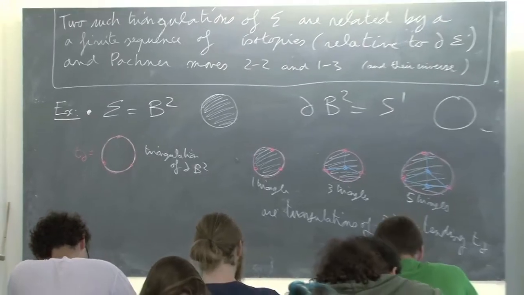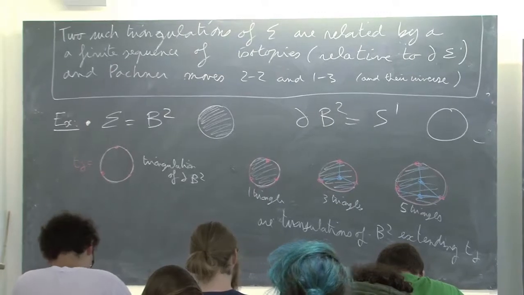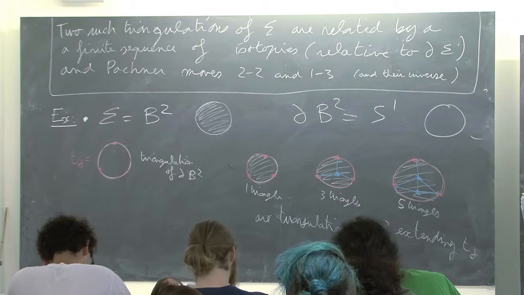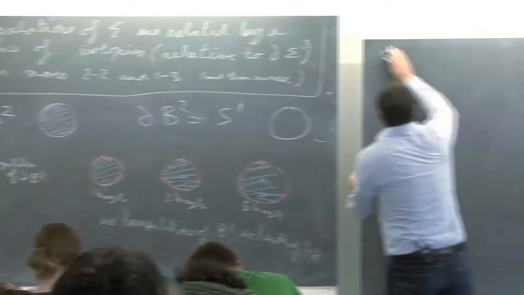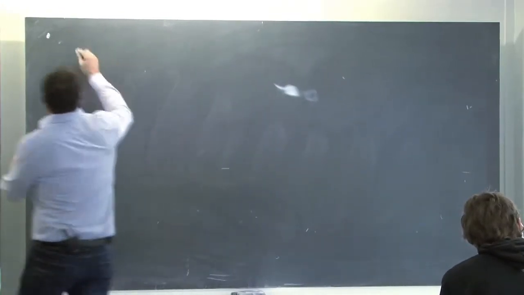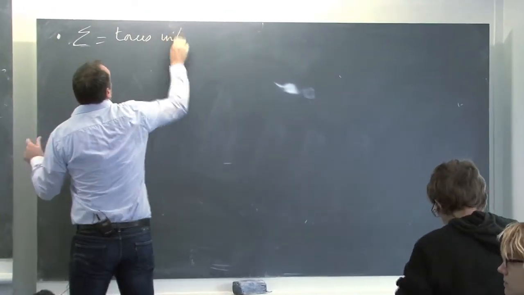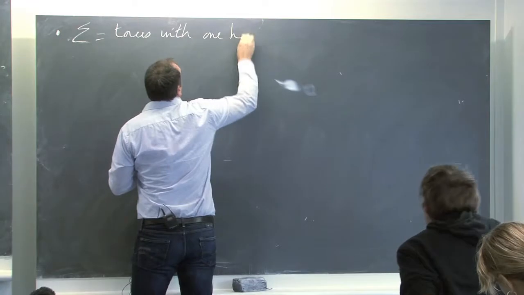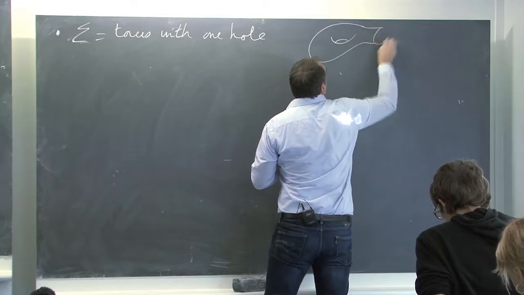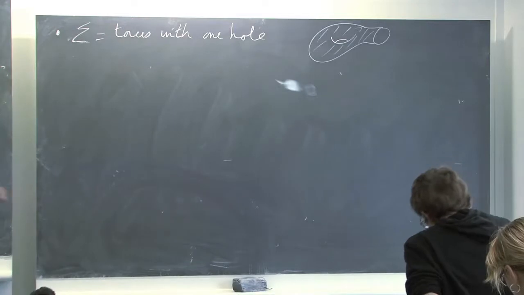I consider, for example, sigma is the torus with one hole. Okay, the torus with one hole.